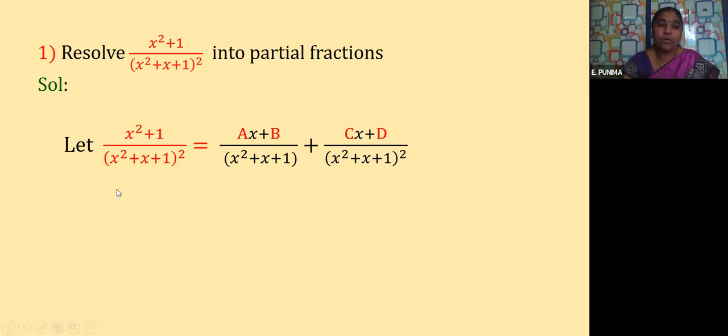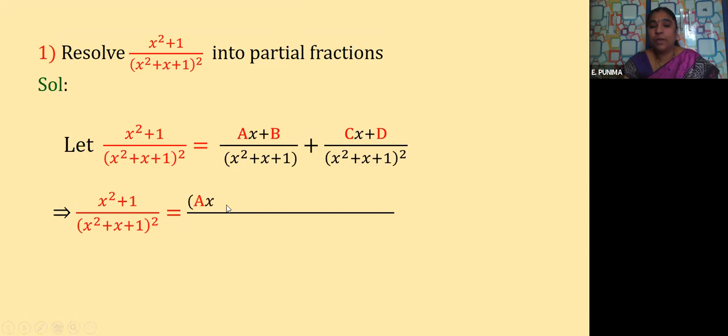So now what you are going to do is take the LCM on the RHS. X square plus 1 by x square plus x plus 1 whole square is equal to, what is the numerator term? Ax plus b into x square plus x plus 1, plus cx plus d.